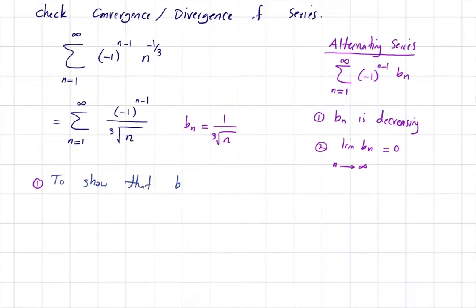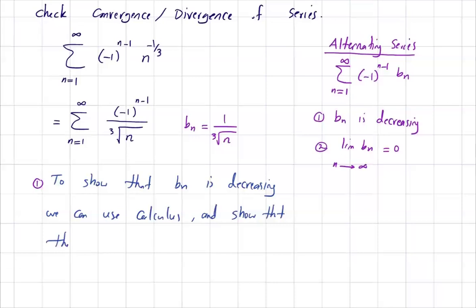To show that bn is decreasing, we can use calculus, we can also use algebra, either is fine, and show that the derivative of bn is negative.